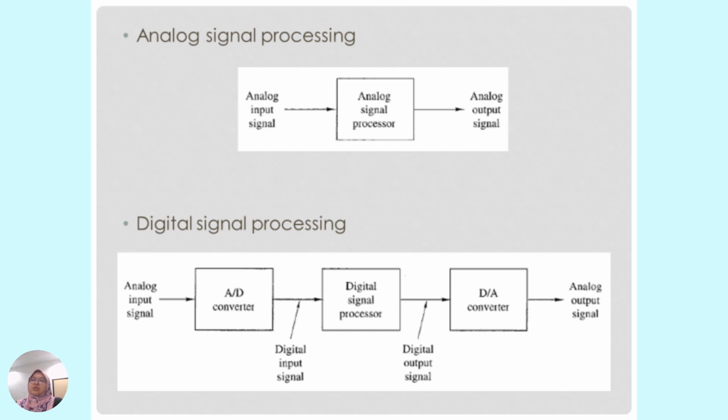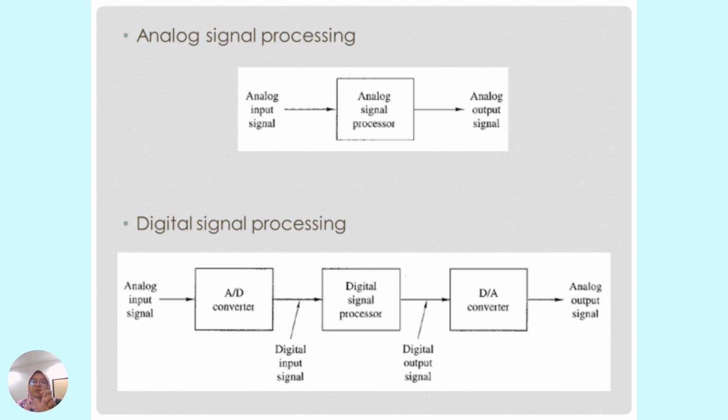As you can see, for analog signal processing, you have the analog input signal going into the processor, and the output is also an analog signal. For digital signal processing, you have the analog input signal, because all the real world signals are analog, and it goes into the ADC, the analog to digital converter, which contains the sampler, the quantizer, and also the coder.